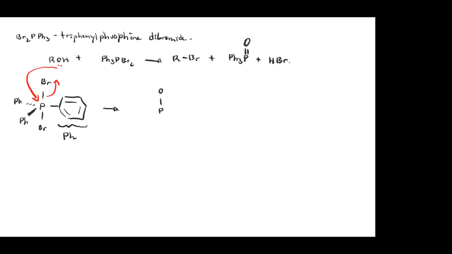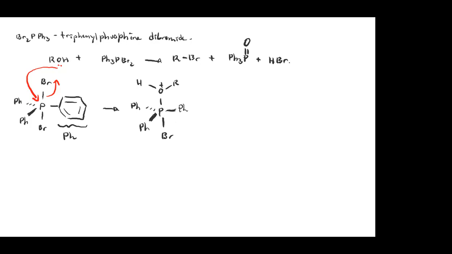So ROH plus, and I'm drawing the phosphorus with stereochemistry, so it's trigonal bipyramidal. You don't need to draw it with stereochemistry, but I think it just looks a little cleaner.